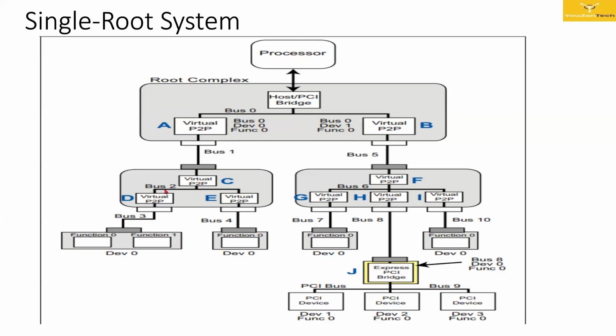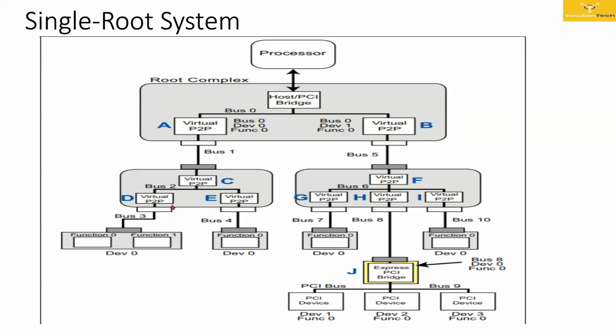Since it is depth first search, it comes over here, to this point, and this is also a bridge, right? So again, the configuration software reads the vendor ID and the header type, and it finds a valid vendor ID and header type 1, so it knows that it is a bridge.